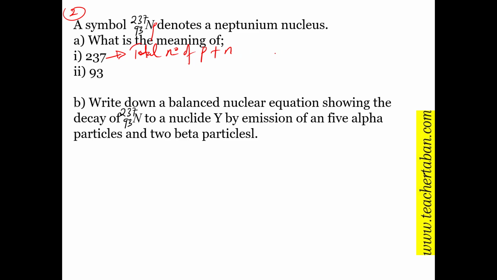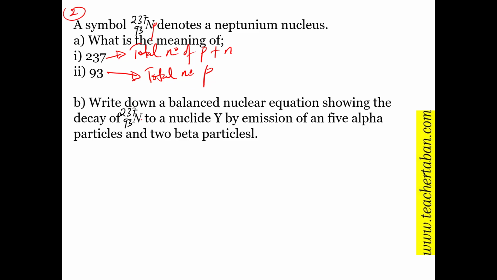Don't simply say that it is atomic mass. Give us what that means. It is the total number of protons and neutrons in the nucleus of an atom of neptunium. And then 93 means the total number of protons in the nucleus of that atom there. So that is what those two mean.